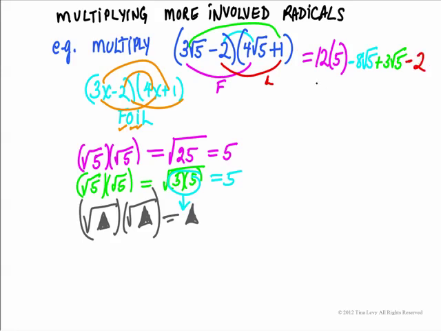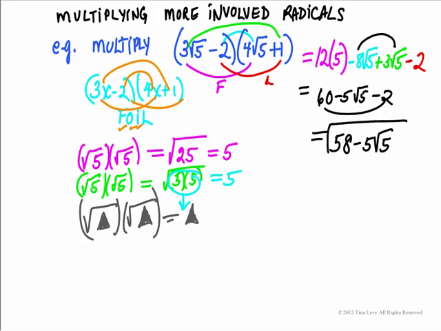We now combine like terms, but first this is 60. Negative 8 plus 3 is negative 5 radical 5, because we're combining like radicals, and we had a minus 2. But the 60 subtract 2 gives us a final answer of 58 minus 5 radical 5.